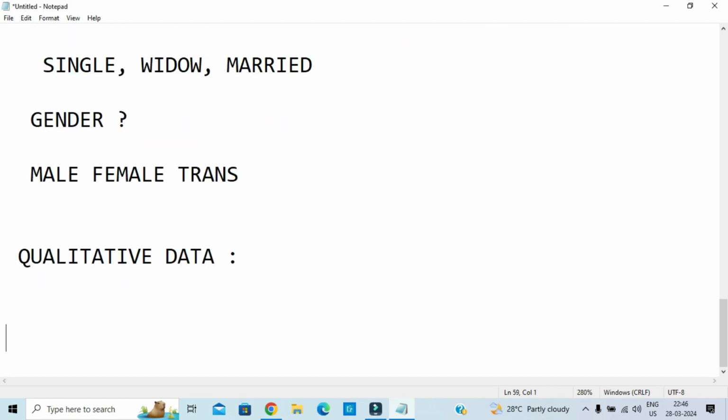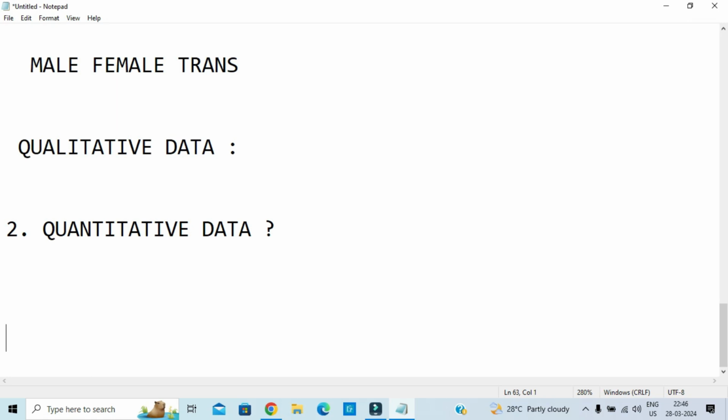Now let's discuss the last thing, quantitative data. What is meant by quantitative data? The name itself represents it: how many, completely numerical. Quantitative is completely the opposite of qualitative data.